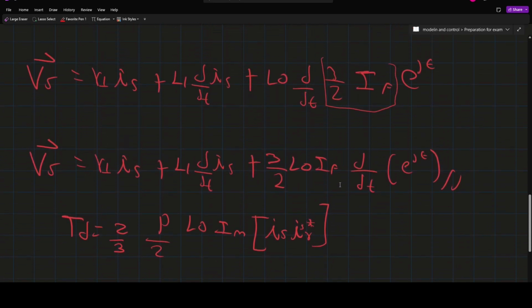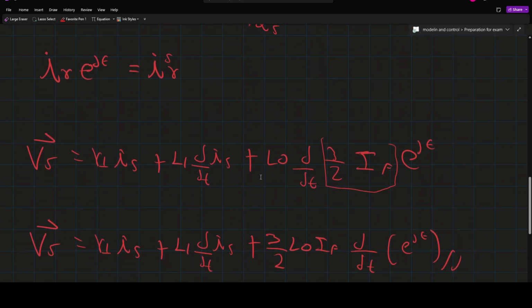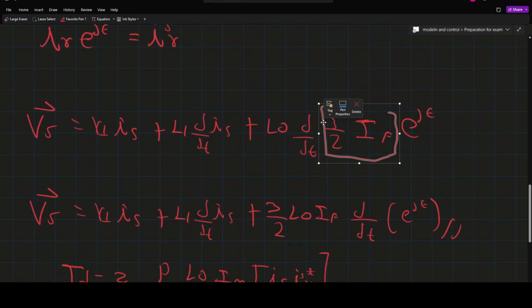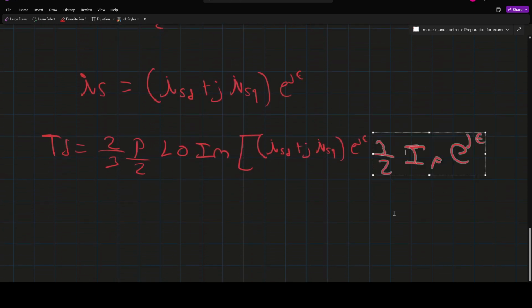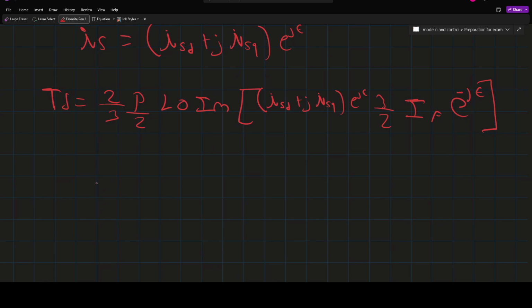And we know that our IR is this, but conjugated, so we make this exponent negative. Okay, so now we can calculate this. We know that this 2 halves and this 3 halves is gonna be 1, and e to the minus j epsilon times e to the j epsilon is also gonna be 1.